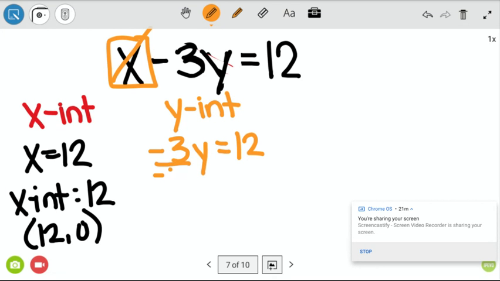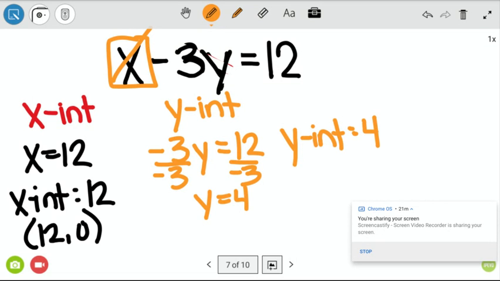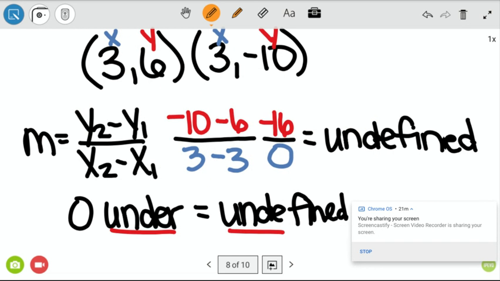We divide by negative 3, and we get y equals negative 4. So that tells me that the y-intercept is equal to negative 4, and on a graph, we would graph the point 0, negative 4.